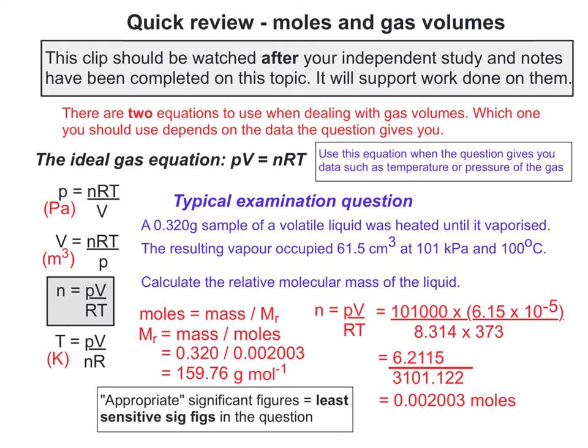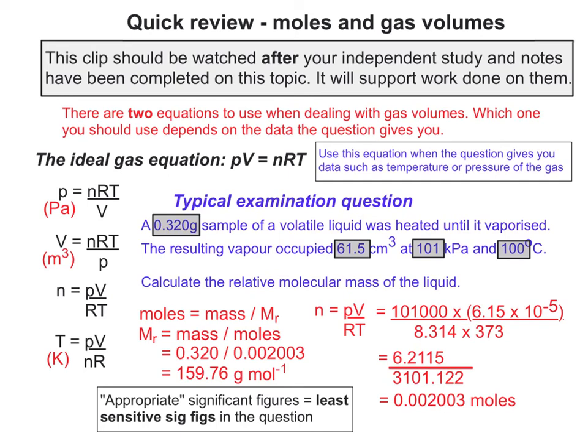While we're talking about significant figures, they might ask for an appropriate number of significant figures to be chosen for the answer. This means the least sensitive number of significant figures in the question. So in this question, all of the values are actually quoted to 3 significant figures.